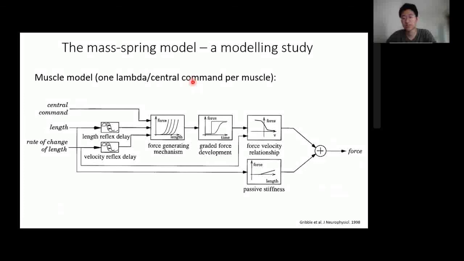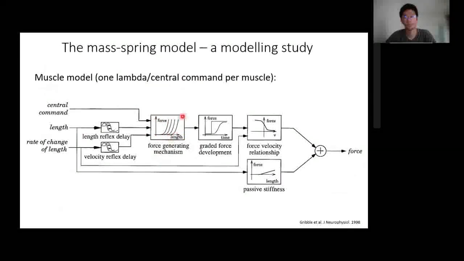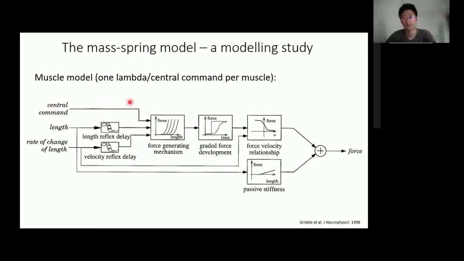This is a simulation study taking into account these force-length characteristics. This is the scheme for one muscle control. Here you see this force-length relationship. This is part of the model. The central command will be the resting length. But there is also more, like the gradual force generation of the muscle and also the passive muscle force generation depending on the passive stiffness and muscle velocity. They also take into account the reflex delay in the model.